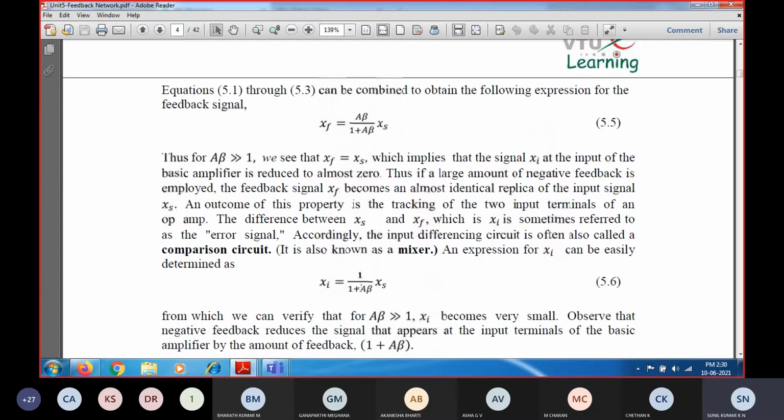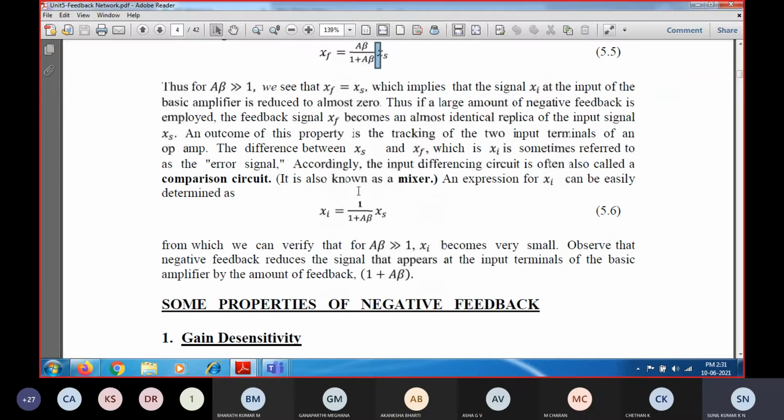So through the previous equation 5.5, we come to know that the feedback signal is almost equal to the source signal, and hence the error signal is almost equal to 0.